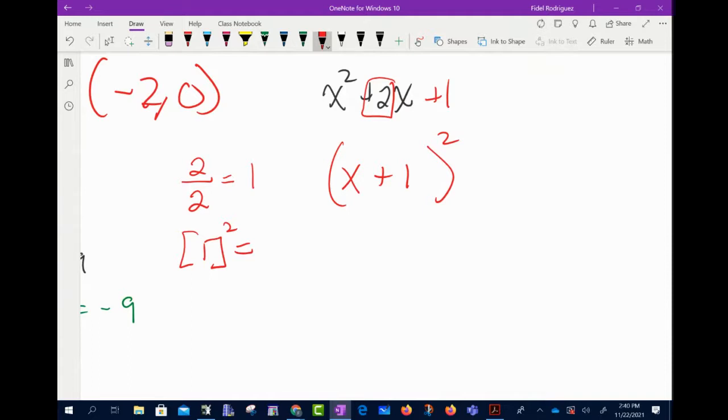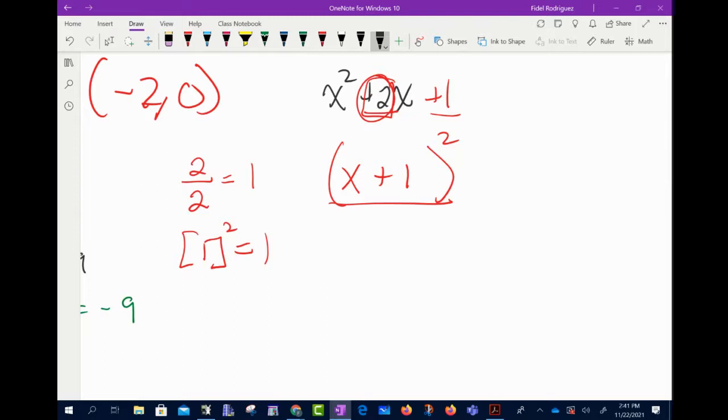Okay, so you can say, look, you take the number in front of the x, divide it by 2. Always divide it by 2. Not because this is a 2, but you always divide it by 2. Okay, then whatever number you get, you square it, and you're going to add that over here. Now, if you do that, that part factors into x plus 1 squared. And you say, well, hold on, how do I know it factors into x plus 1 squared?